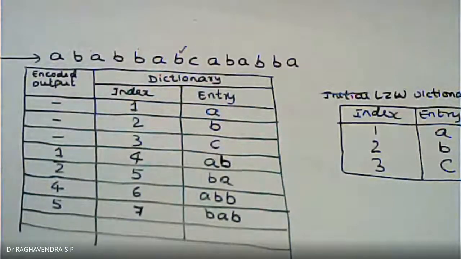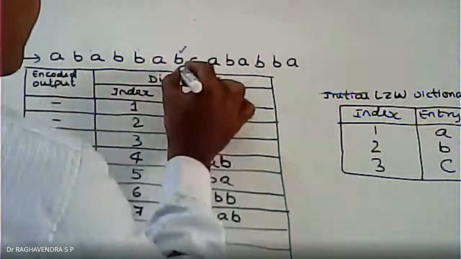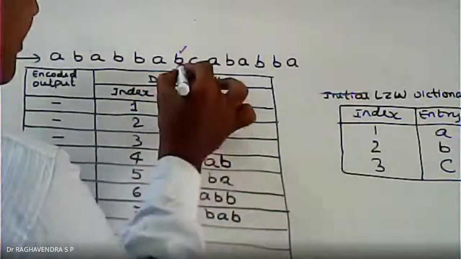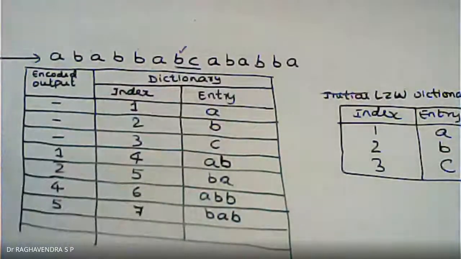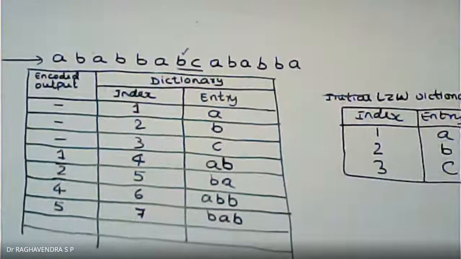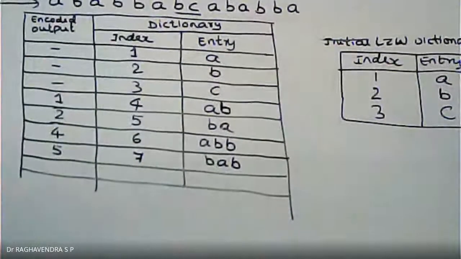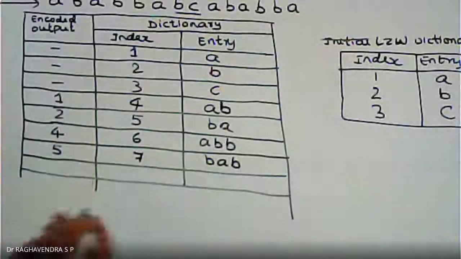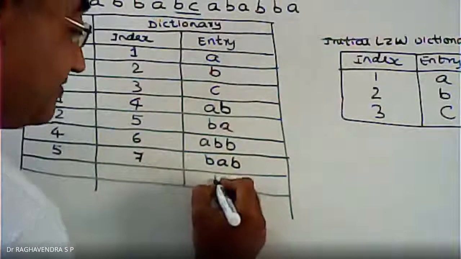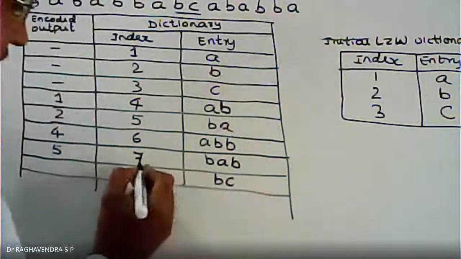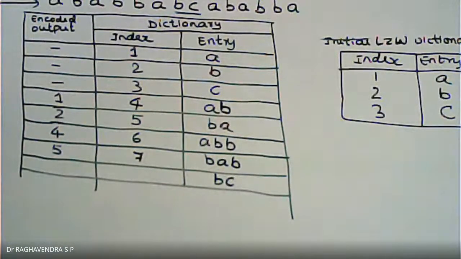Now you continue to scan. B is already present here. What about BC? Whether BC exists in the table? No, sir. BC does not exist in the table. So now you insert BC here. What is the index value now?